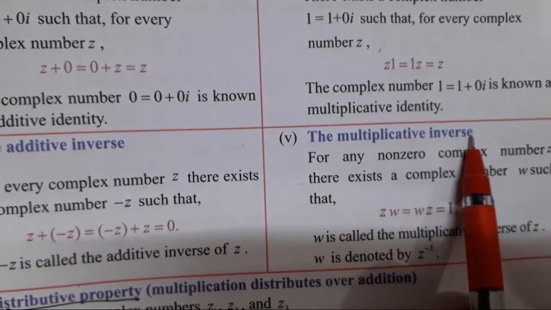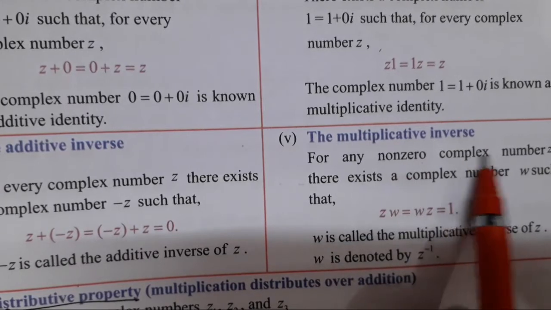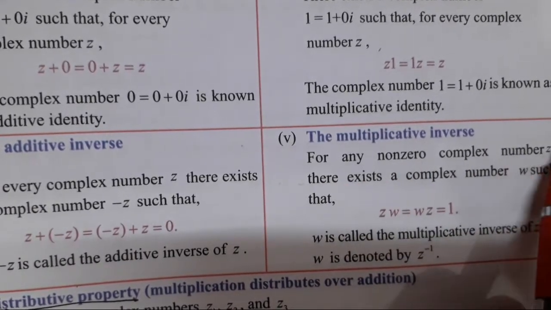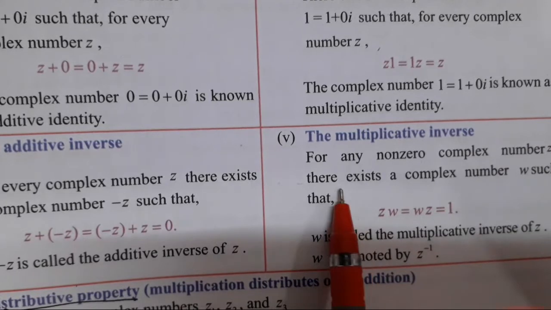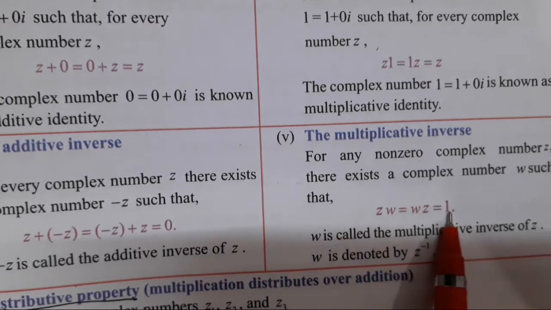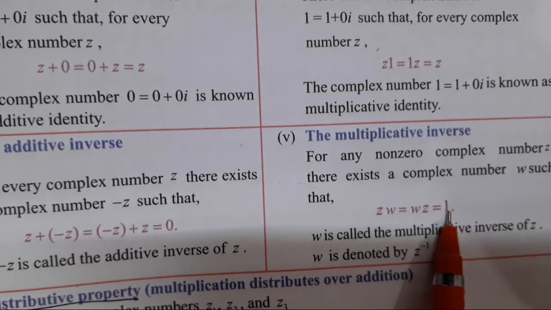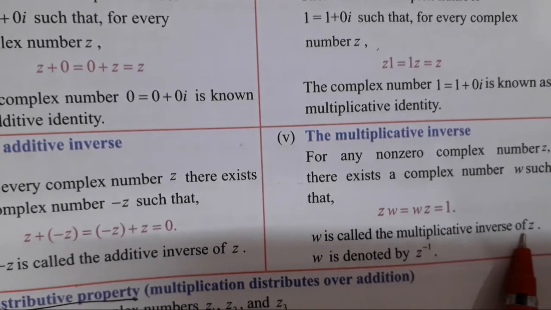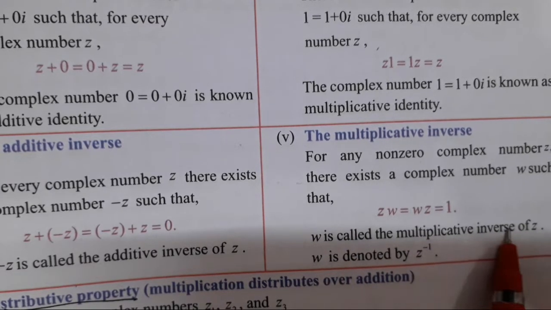Similarly, multiplicative inverse. For any non-zero complex number z, there exists a complex number w such that the product is 1. The result is 1, which is called what? Multiplicative identity. That w is called a multiplicative inverse of z.